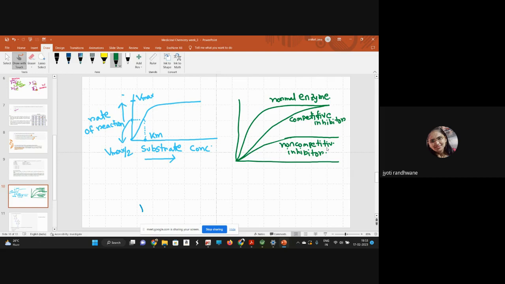This is exactly competitive inhibition. And in the non-competitive inhibitor, there is no competition between inhibitor and substrate, but inhibition is still taking place.